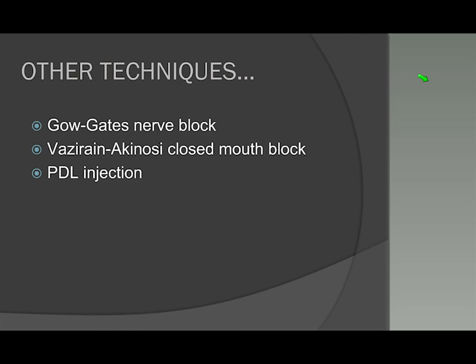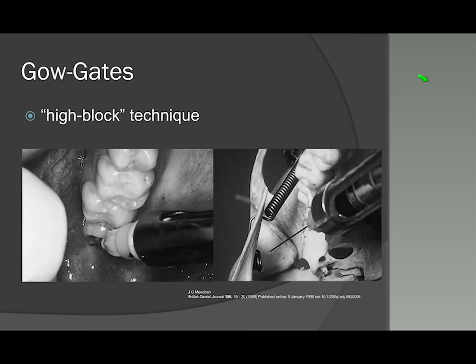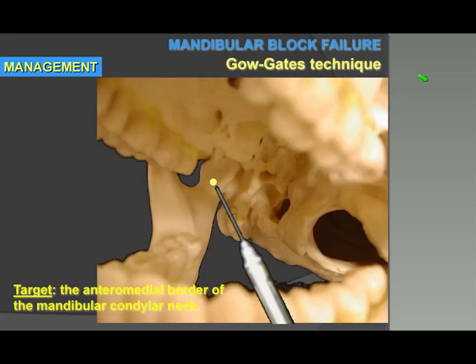So we'll look at some other techniques now, and a lot of folks will resort to the Gow-Gates if they have a mandibular failure. And really, a Gow-Gates is really just a high mandibular block. And what you're doing is coming in here from the contralateral side, and your target there is the condylar neck or lower part of the condylar head there.